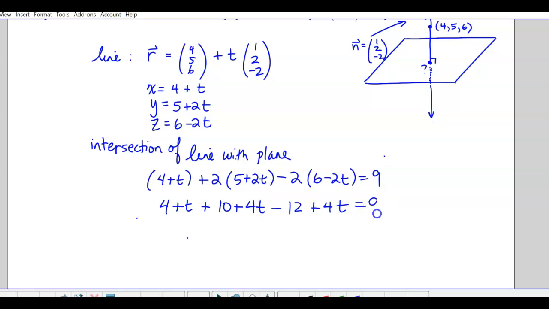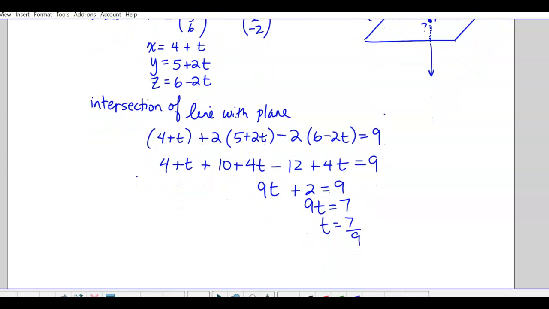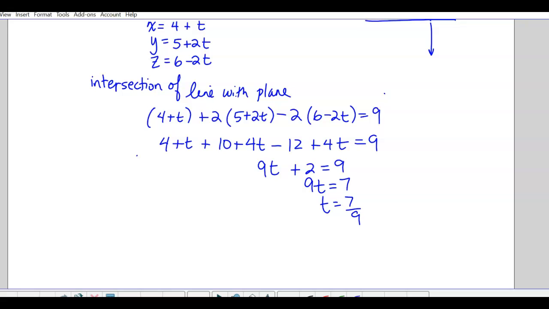The t value that we get is the parameter that, when we put it back into the equation for the line, will give us that point of intersection of the line, which is the foot of the perpendicular. So t is 7/9, and then you can substitute it back in to get your x, y, and z coordinates.